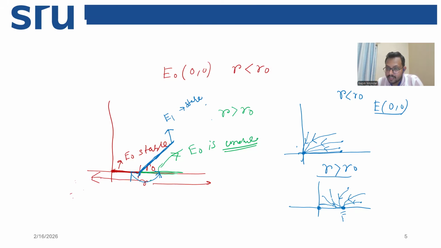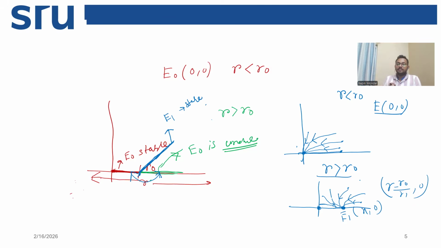In this situation only E1 is stable, with x equal to R minus R0 over R1, and y equal to 0, so only the x population can survive.